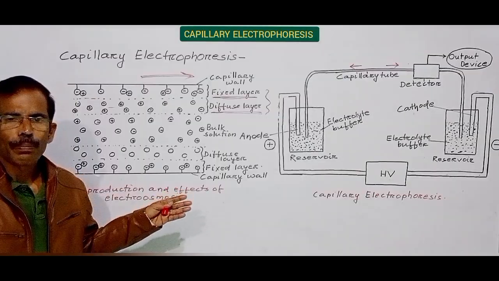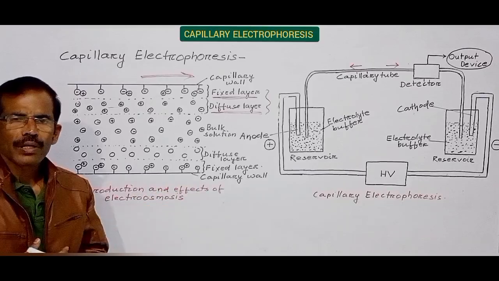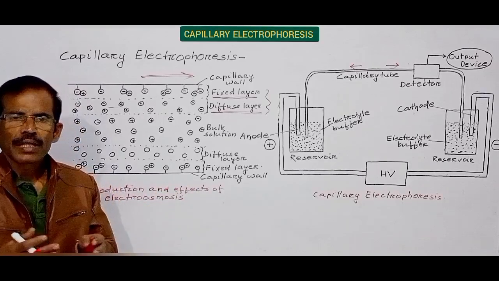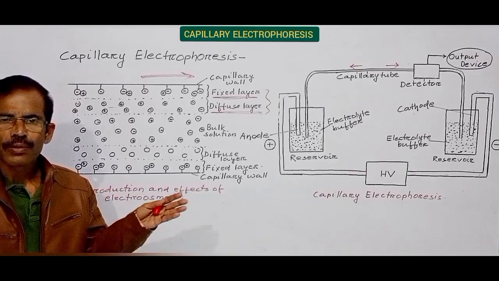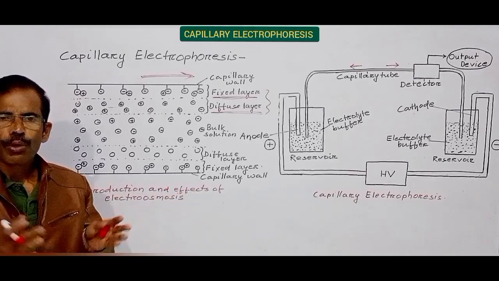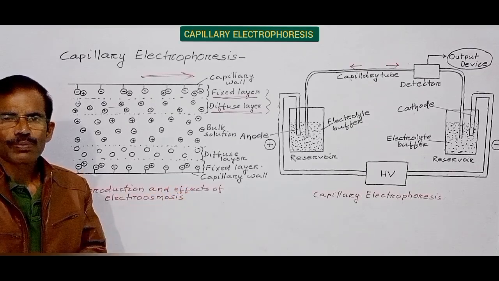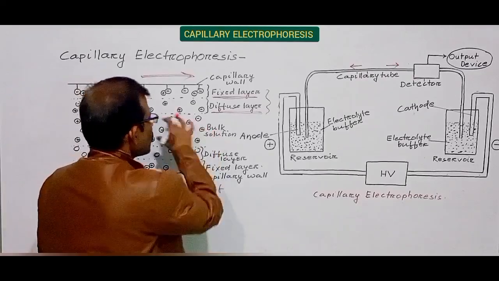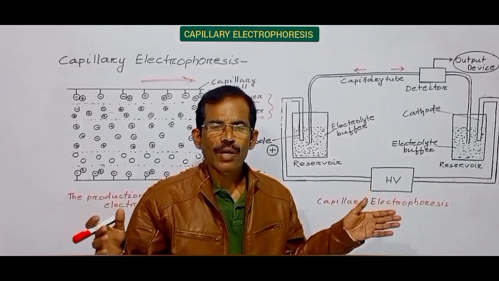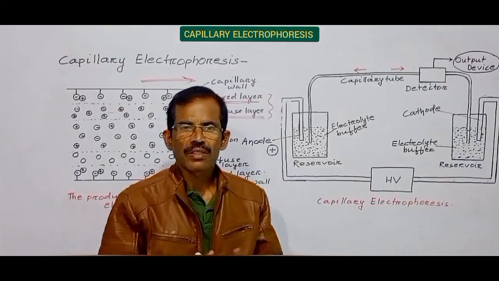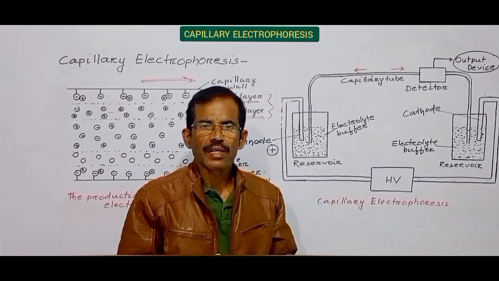Although sample components are separated based on their electrophoretic mobility, because of electroosmosis, all of them including both positively and negatively charged molecules and also neutral species will migrate towards the cathode. The rate of electroosmotic flow is much greater than the electrophoretic velocity of analytes.